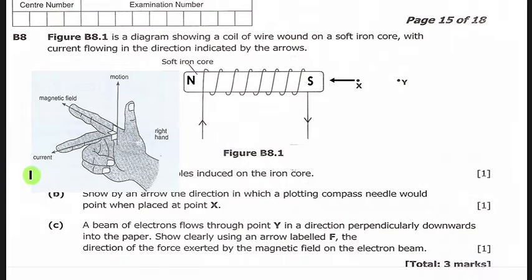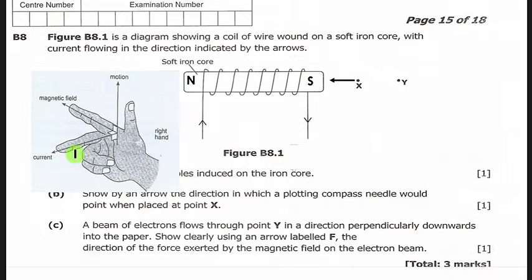Now the issue is this. If you are to place this hand here so that it obeys this statement, a beam of electrons flows through point Y. So this is the beam of electrons.